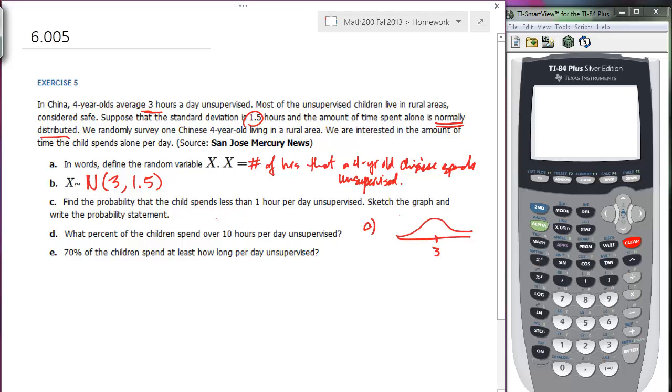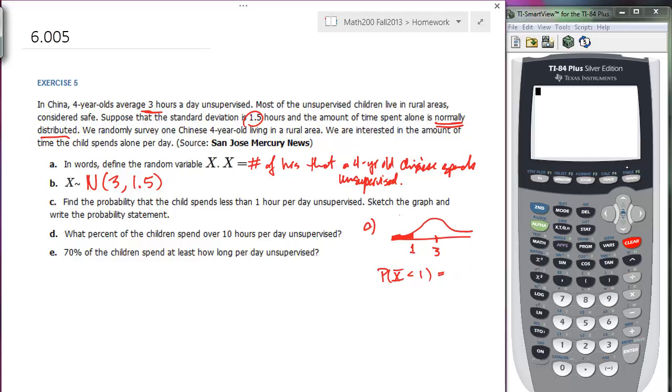So probability is equivalent to finding the area that we're looking at, spending less than 1 hour per day. So I would shade in the area to the left of this number 1, which is to the left of the mean number 3. Our notation for this will be the probability that our random variable is less than 1.